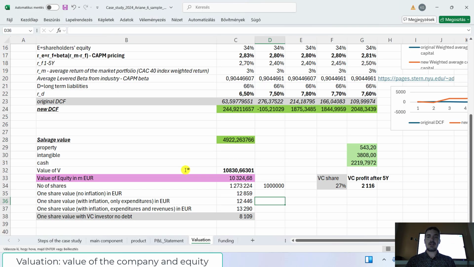So, at the end of the day, what we should see here, the value of the company is this, because if we add together the different years' DCF and the salvage value, then we have this new corporate value.